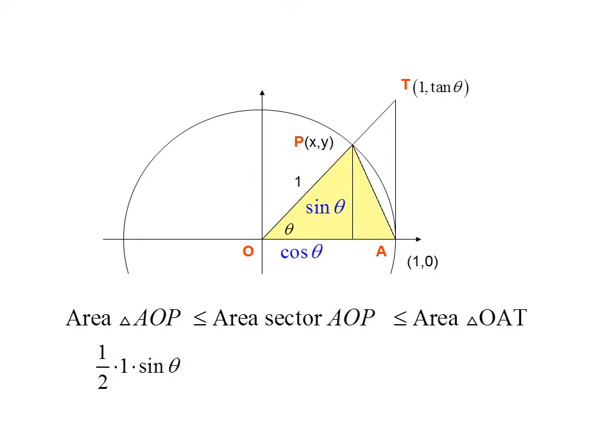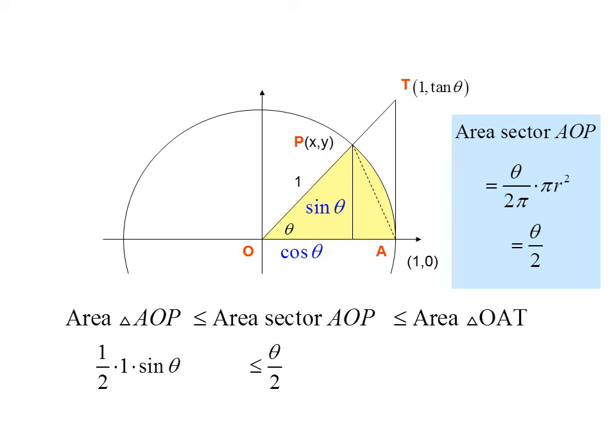The area of triangle AOP is 1/2 times base times height, or 1/2 times 1 times sine theta. The area of sector AOP is theta over 2 pi times pi r squared. Theta over 2 pi is that portion of the circle that we're using. And remember, r is 1, so r squared is just 1.